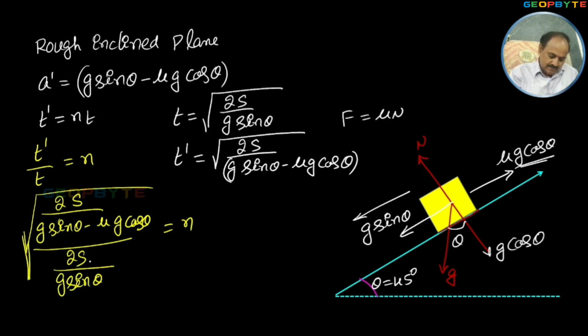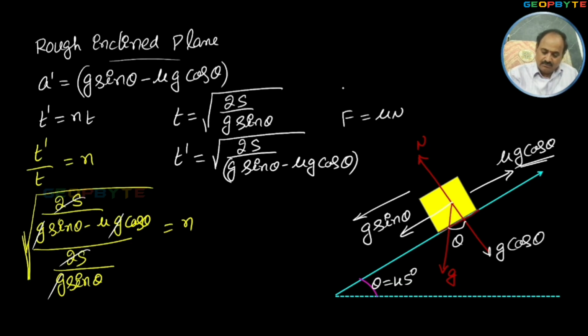Now let us cancel this 2s. Of course, g can be cancelled. You know, the angle for both the rough inclined plane and the smooth inclined plane is 45 degrees only.